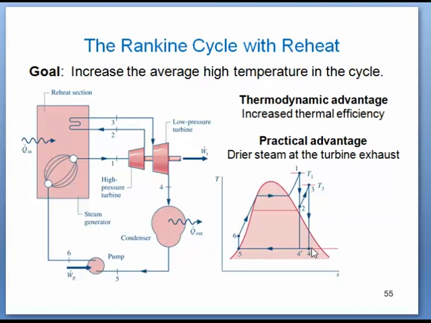You can say that the steam at the turbine exhaust is drier in comparison with the without-reheat Rankine cycle. So chances of blade erosion at point 4 will be lesser in comparison with when the exhaust condition of steam from the turbine is at 4 dash condition.